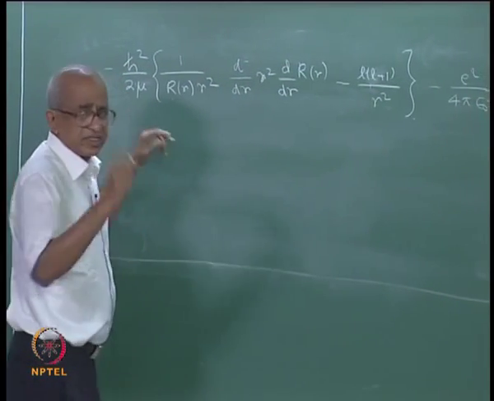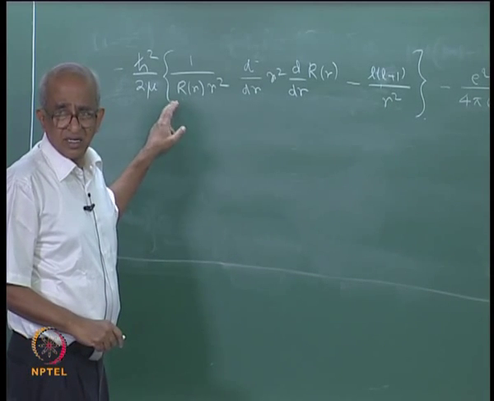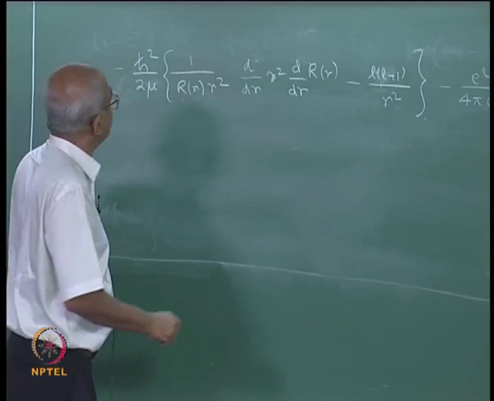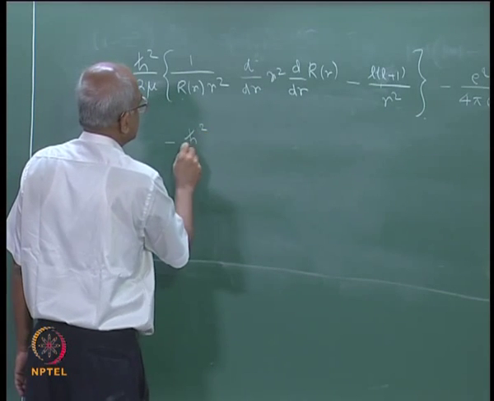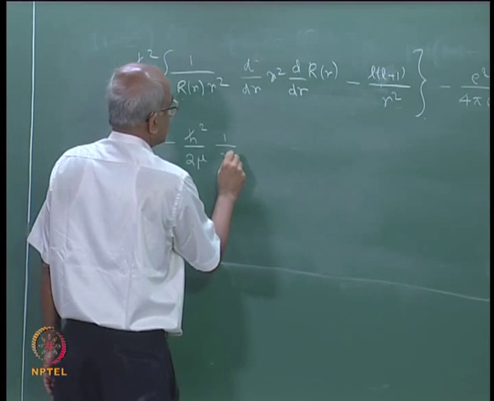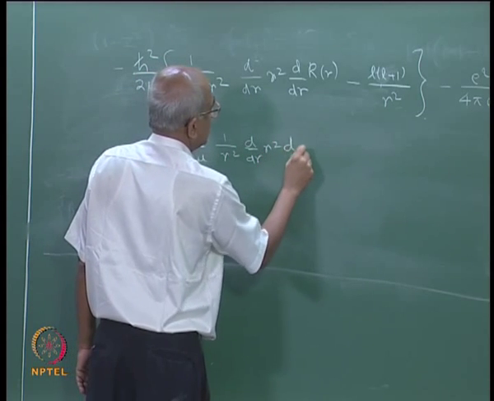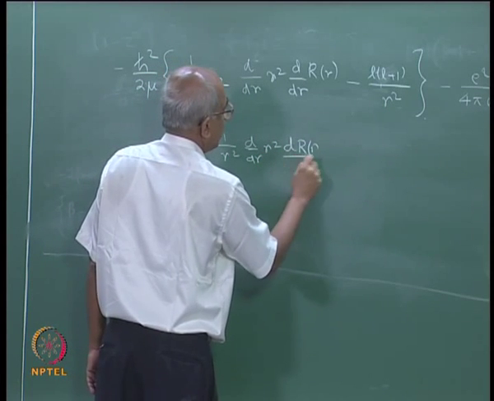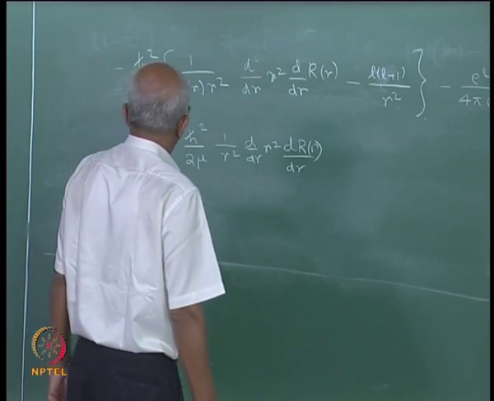and I suspect in the earlier versions of the equation I had actually multiplied by capital R. So, I will do that, and then what will happen is that I shall get minus h cross square by 2 mu, 1 by r square d by dr of r square d capital R by dr, first term.